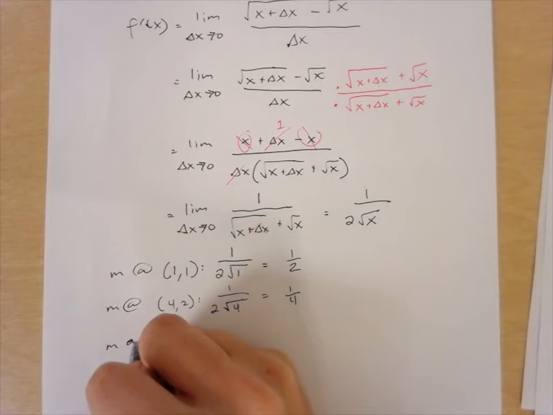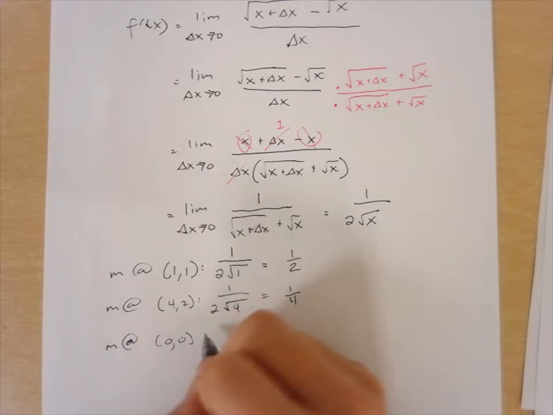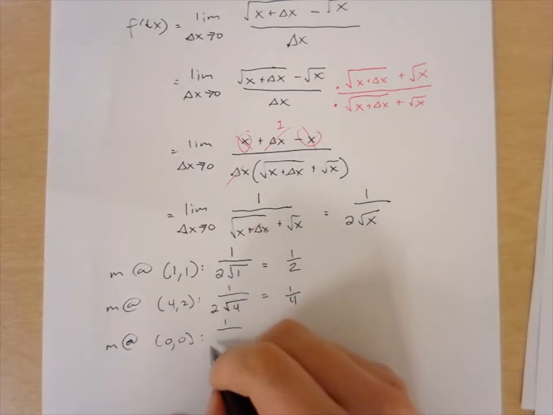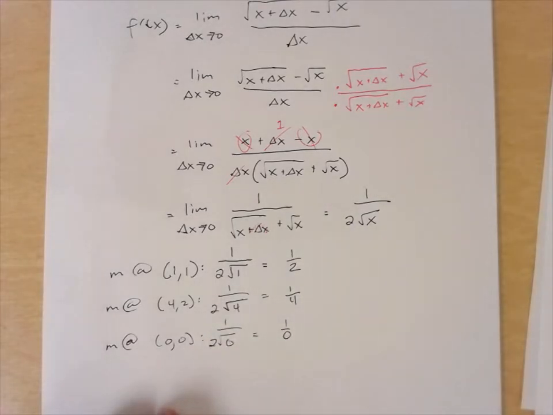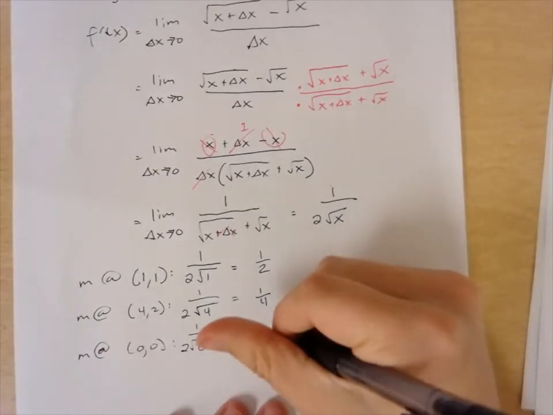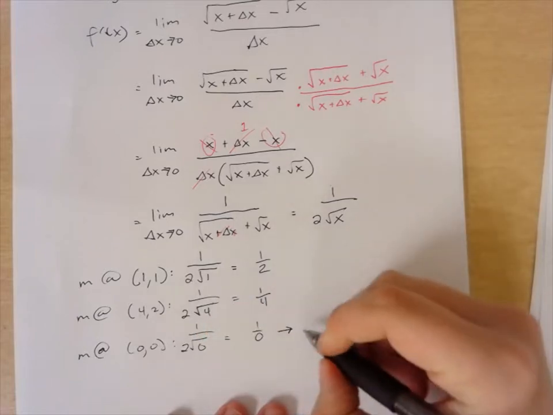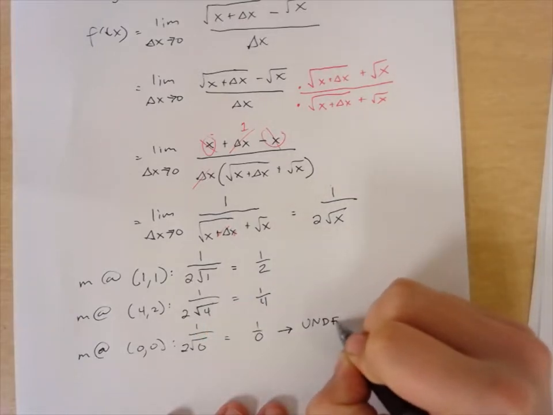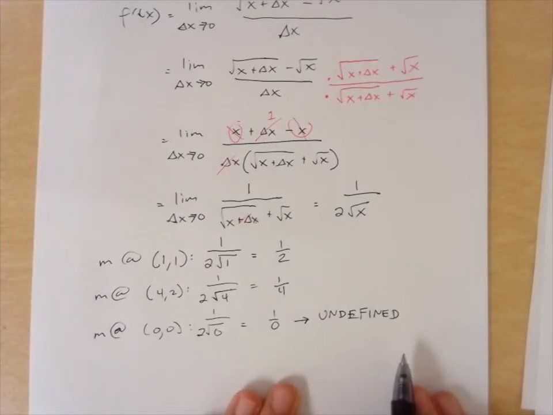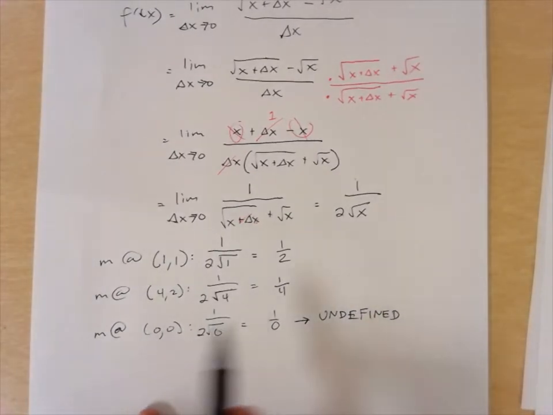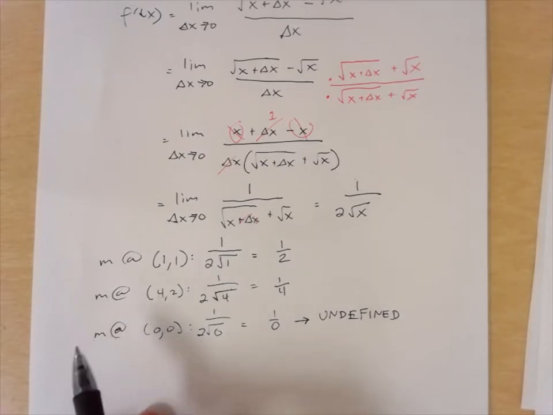But now let's discuss the point 0, 0, because when we substitute in 0, we get 1 over 0, which we know we can't have. Let's think about what this represents, though. This is an undefined fraction, true, but remember, we just found an undefined slope.